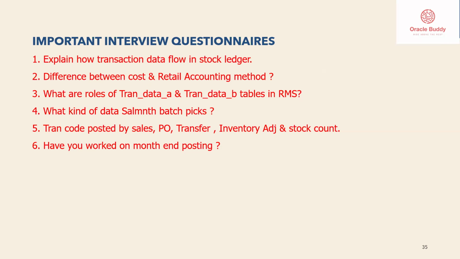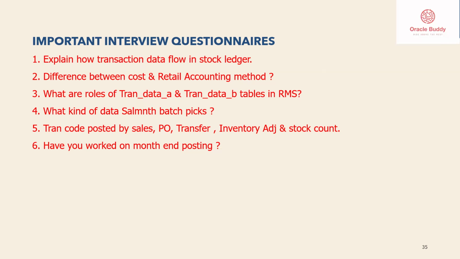And they can ask you, have you worked on month data posting, and what preparation do you do for month data preparation? So before the month data, we usually check that there are no open stock counts. We check there are no missing mappings in the FIF GL account table. Mappings should be there: FIF GL cross-ref, SA FIF GL cross-ref.